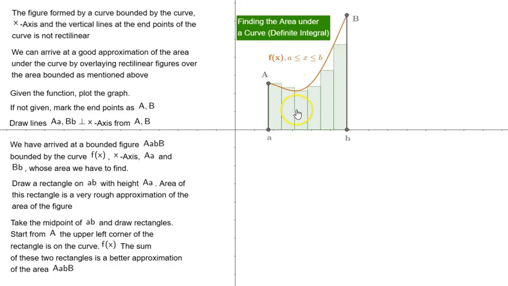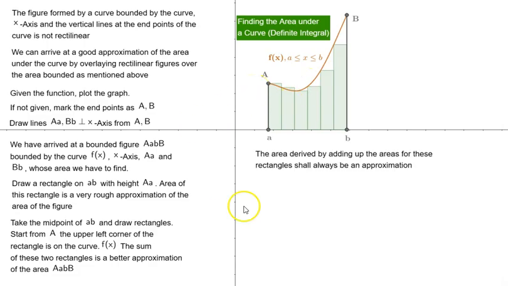But as we keep increasing the number of rectangles by dividing the line segment AB into smaller and smaller equally spaced segments and drawing rectangles on them bounded by the curve, what will happen? The area derived by adding up the areas of these rectangles will be a better and better approximation of the area under the curve. But it will always be an approximation.